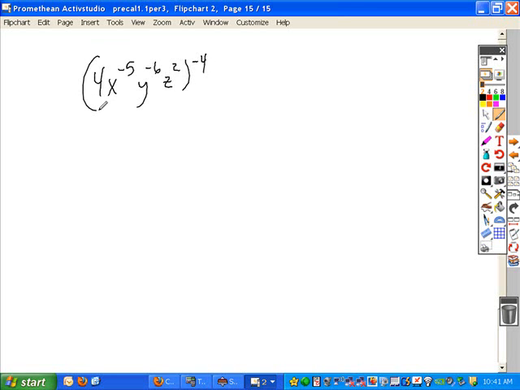And so rewrite this expression using just positive powers. Your strategy might vary, and sometimes it's easiest to apply the power first, sometimes it's easiest to apply the rule of the negative power.